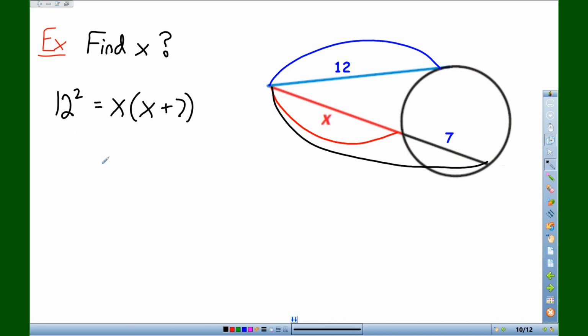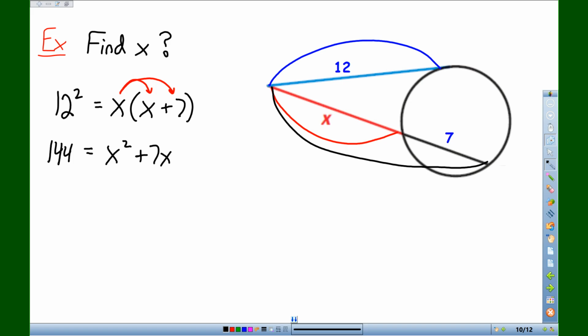Okay, cool. So let's see how far we can get. 12 squared is 144. On the right, we can distribute our x. Okay, x times x is x squared. x times 7 is a positive 7x.